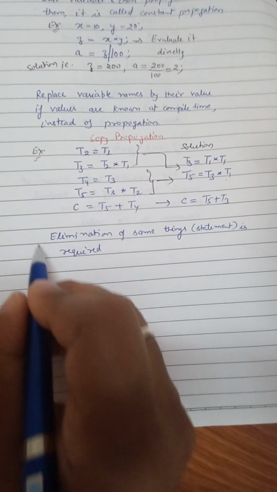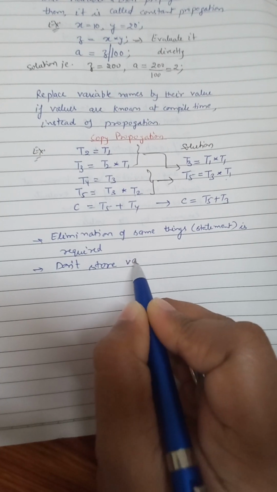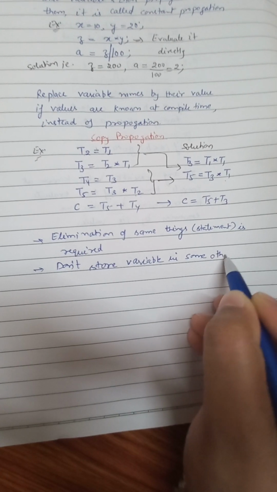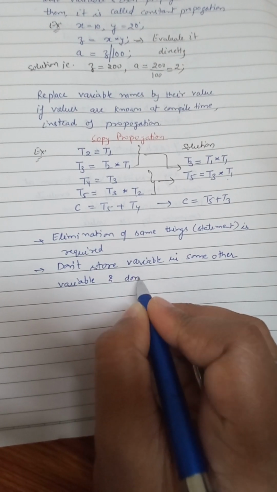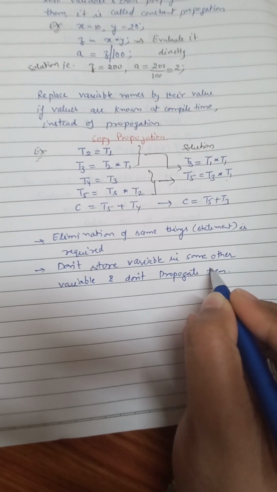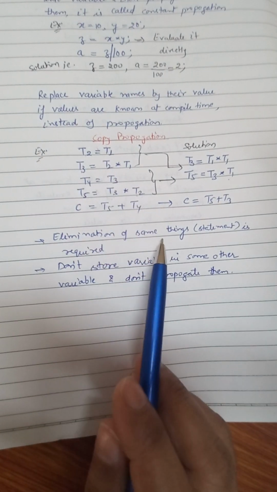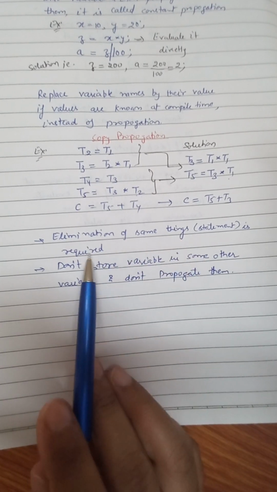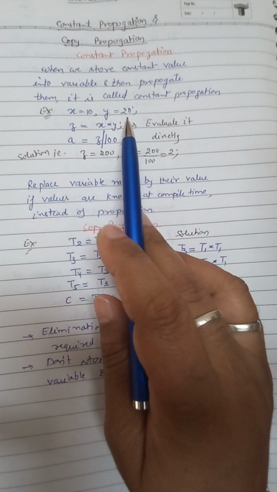And don't store a variable in some other variable, and don't propagate them, right? That's what we were doing. We are assigning one variable to another variable, and then after that we are propagating them. So if same statements are there, then eliminate them, and don't store one variable into another variable. If you don't store, then it will not propagate. So this was the copy propagation, and this was the constant propagation.